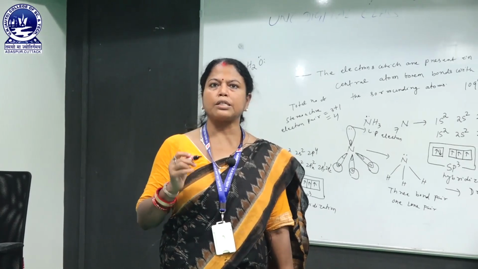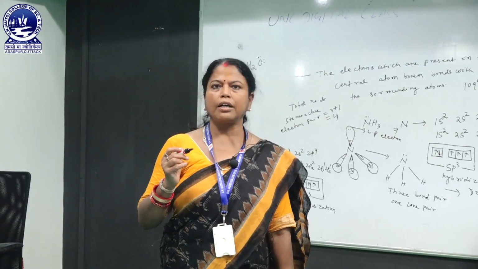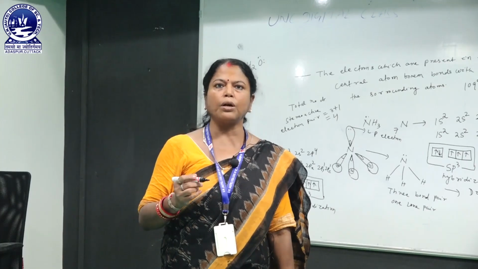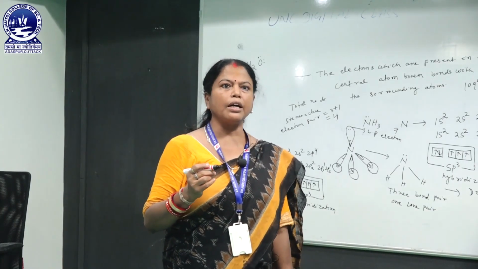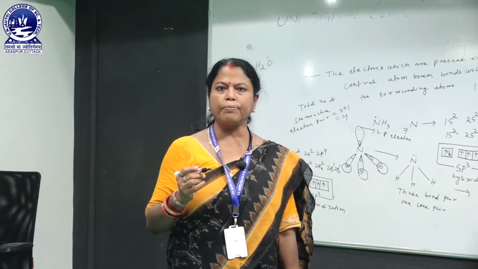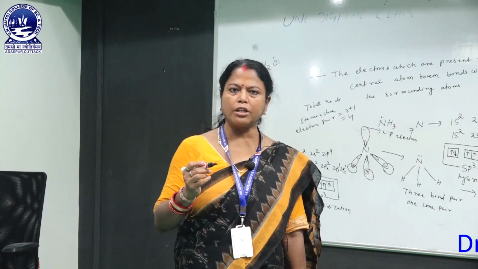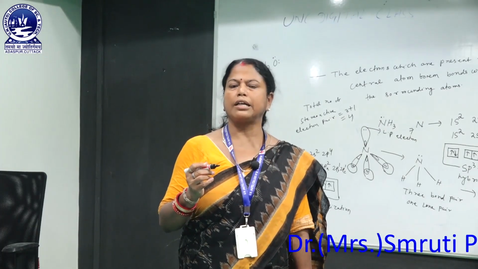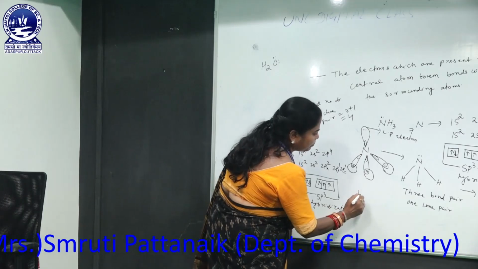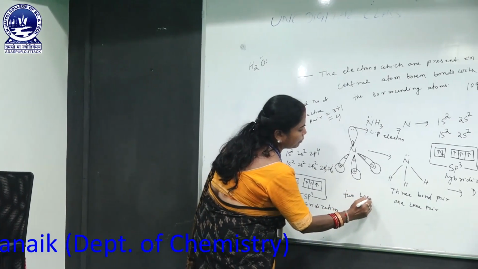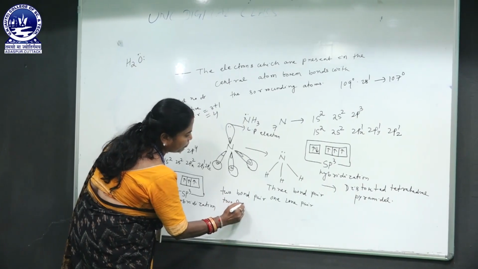Out of 4 sp3 hybrid orbitals, 2 are filled hybrid orbitals and 2 are half filled hybrid orbitals. So here the total number of stereoactive electron pairs is equal to the sum of 2 bond pair electrons and 2 lone pair electrons, that is also equal to 4. So how many bond pairs? 2 bond pairs and 2 lone pairs.